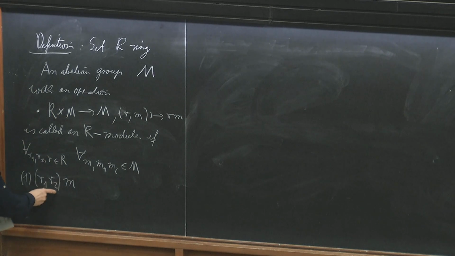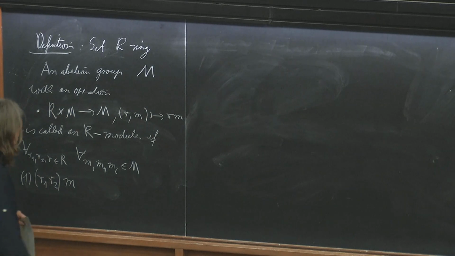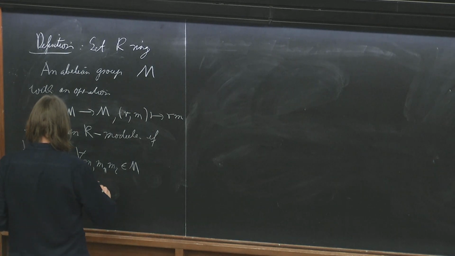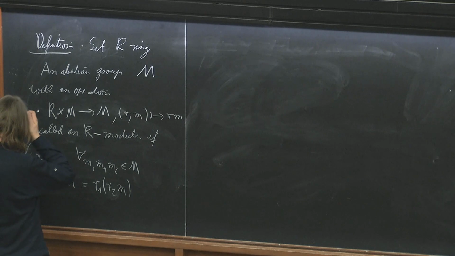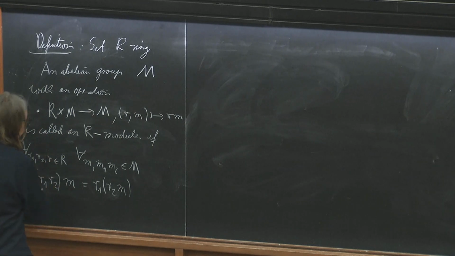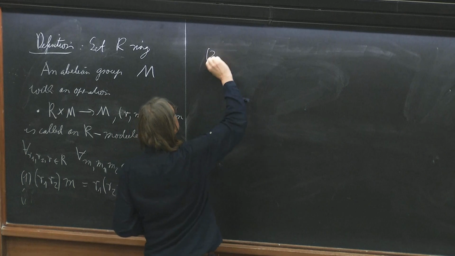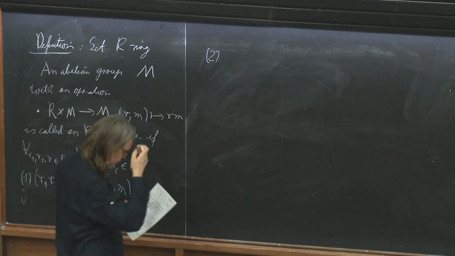Here I take the multiplication in R, and then the operation is the same as r1 times (r2 times m). Then the distributive laws. M is an abelian group, so we can also add things there.